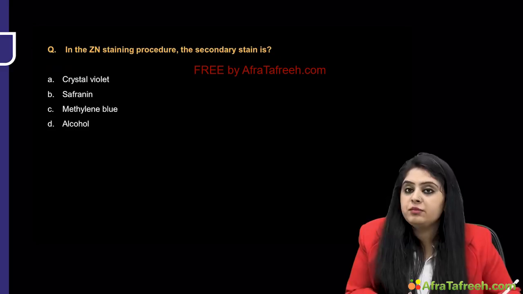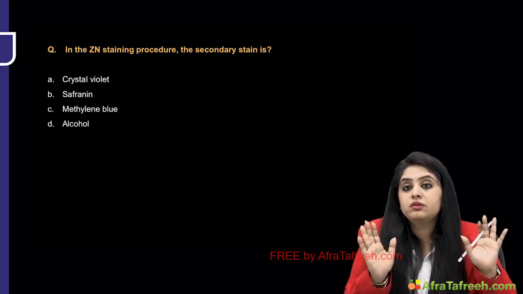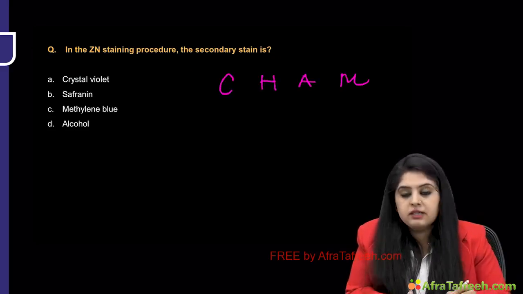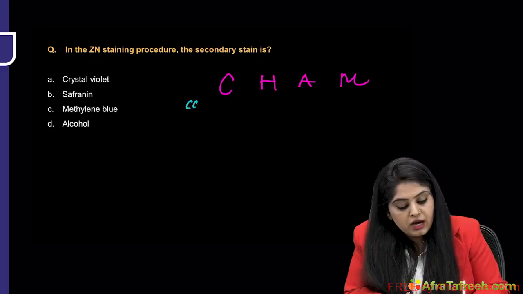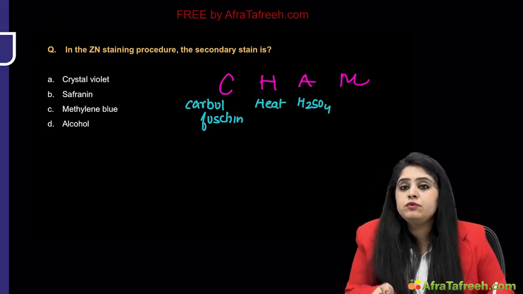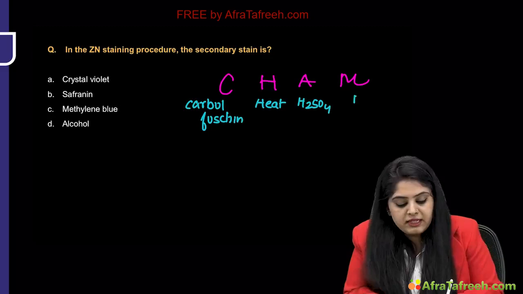In the Zn staining procedure, the secondary stain is, first, remember your mnemonic. Class has asked mnemonic, in which C was for carbol fuchsin, H was for heat, A was for acid, that is sulfuric acid, and M, I told you if you like blue color, you can select methylene blue.